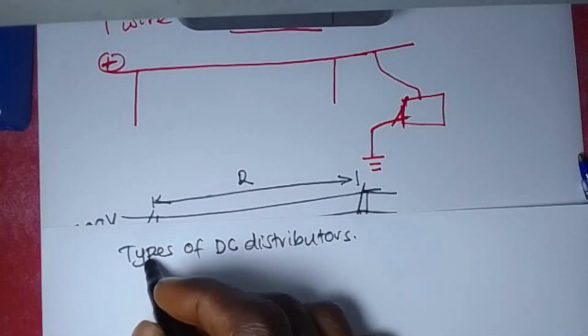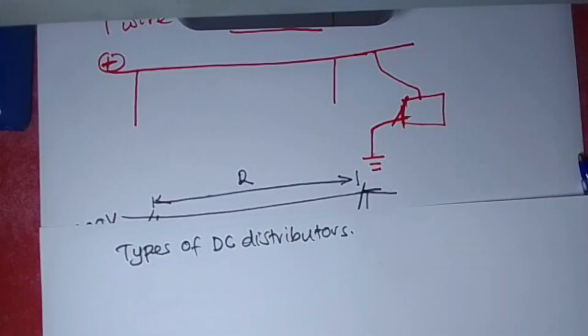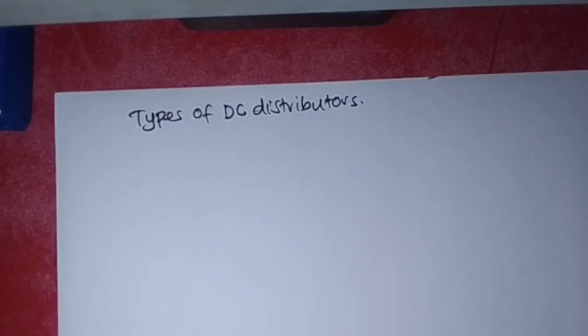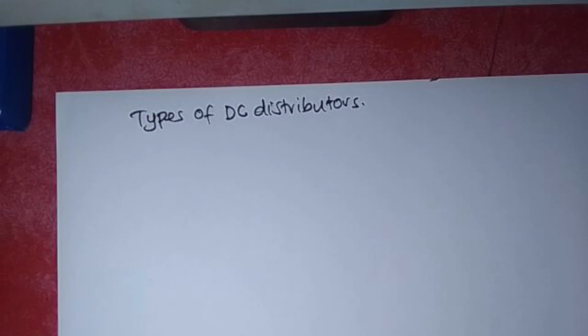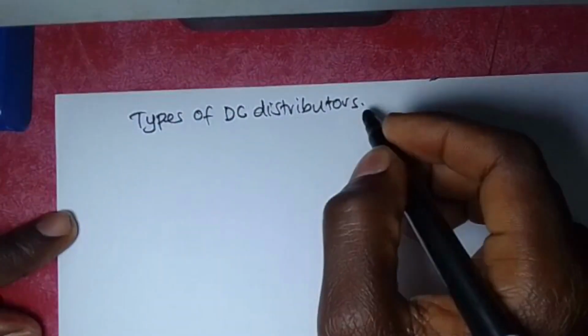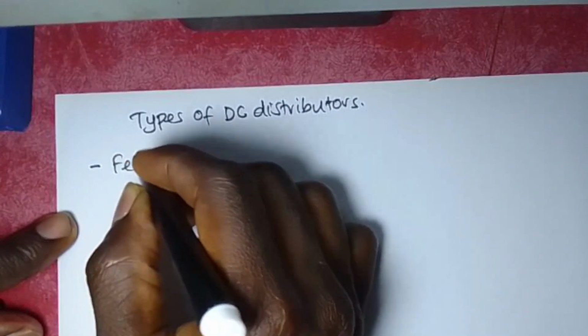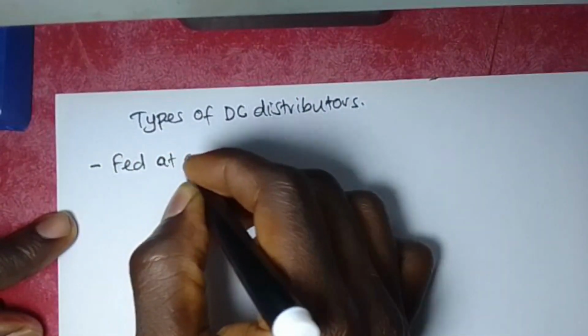So the types of DC distributors can be categorized according to how they are receiving power. So we have DC distributors that are fed at one end. So number one, the ones that are fed at one end.